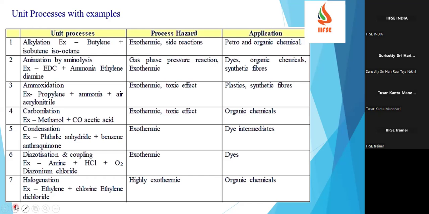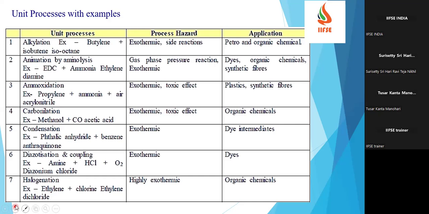If you observe, most of the process hazards are exothermic, in the sense that uncontrollable heat will generate at this stage. So we should have proper cooling systems in place, in proper working order, to manage the situation.